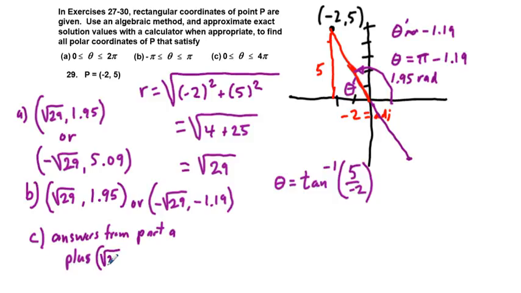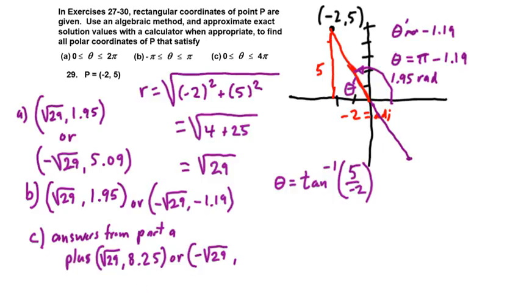Square root of 29, comma 8.23. Or we're going to take this negative square root of 29, and to that we're going to add pi, because that's going to be a half a rotation.